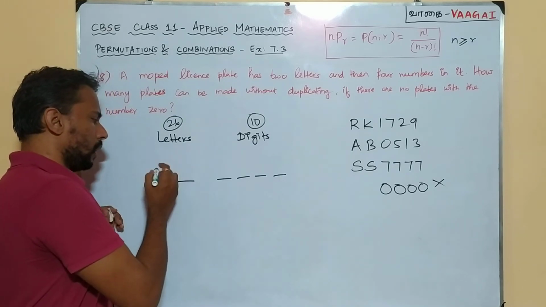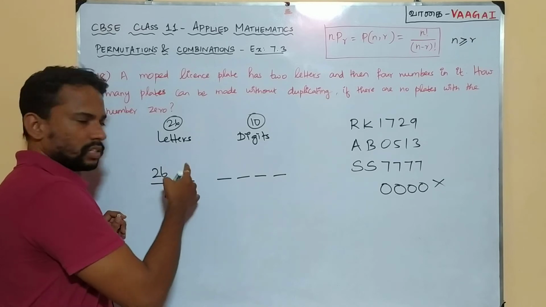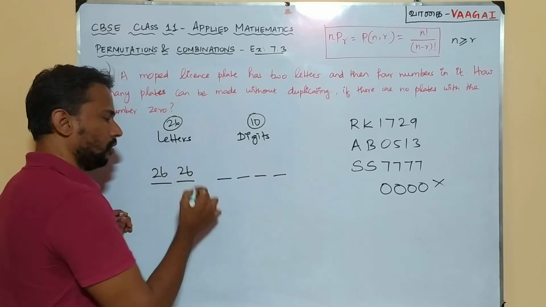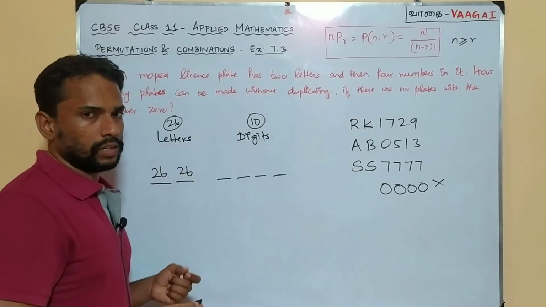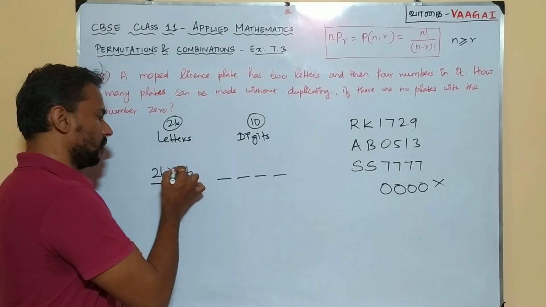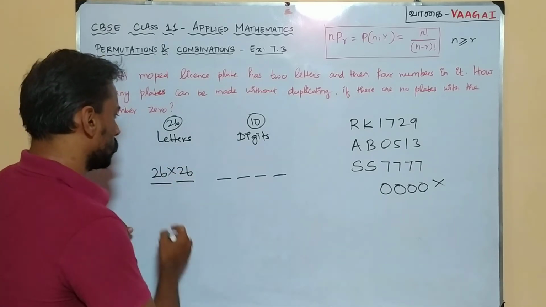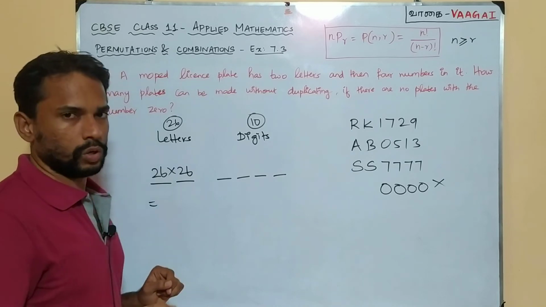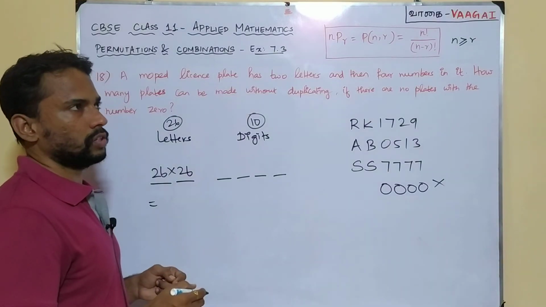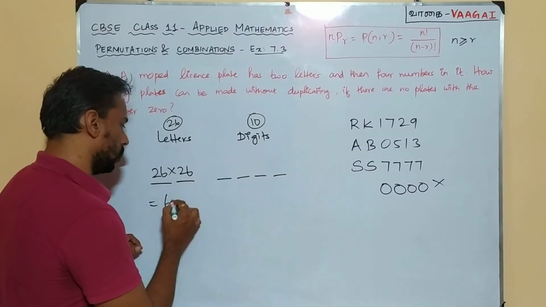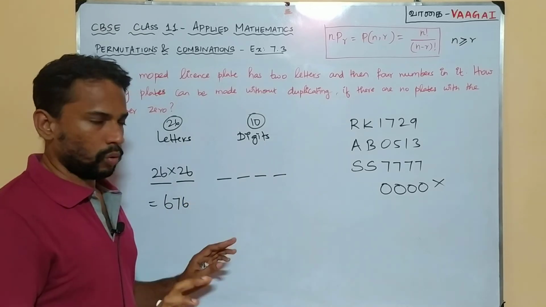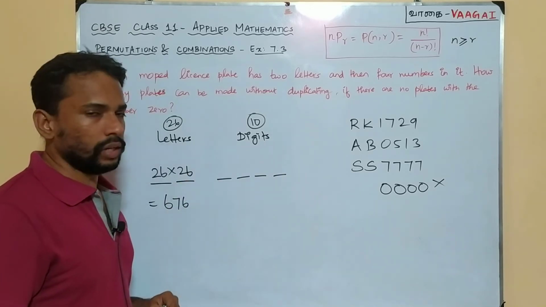The first letter can be filled in 26 ways, the second one also in another 26 ways, since we can repeat the letters. So 26 into 26 ways in total, which is 26 square, and 26 square is 676. Let's note it here by hand.